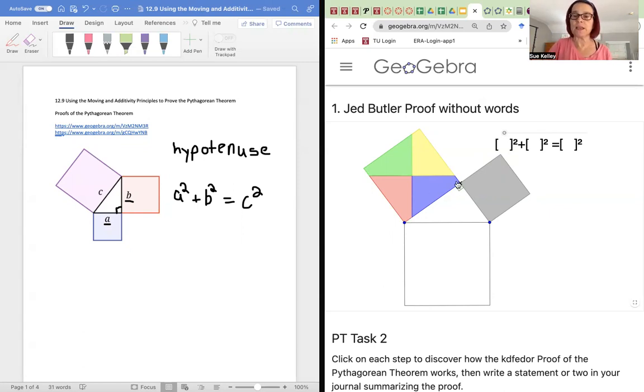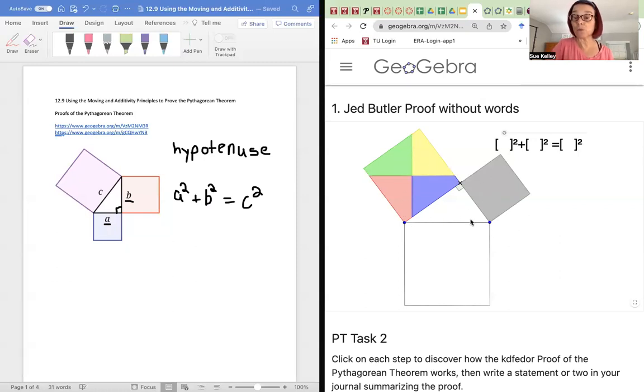B squared is going to be the area of this multicolored square over here. Again, the side length is B. So when we form a square, the area of that square is going to be B times B, B squared. Okay, so we're talking about those two areas.